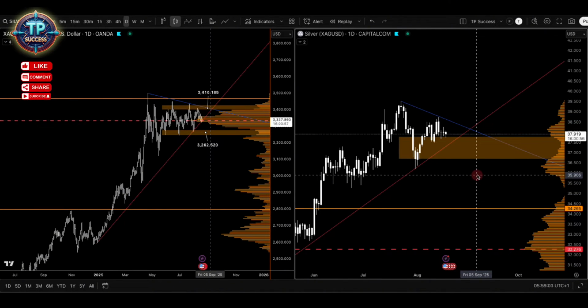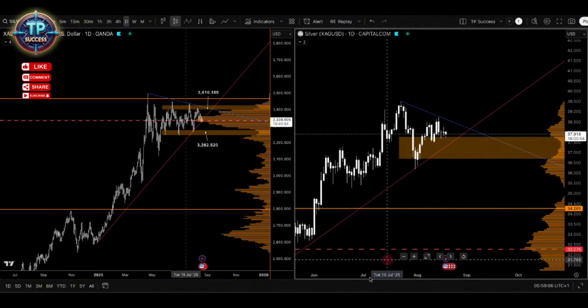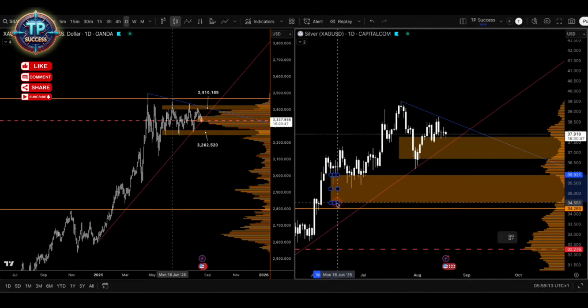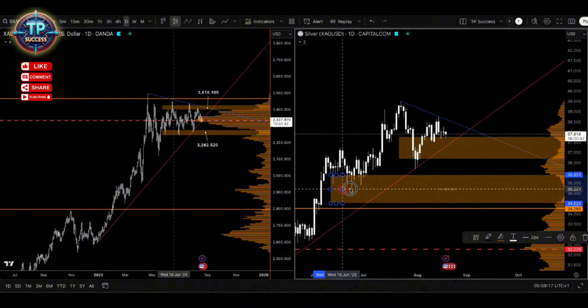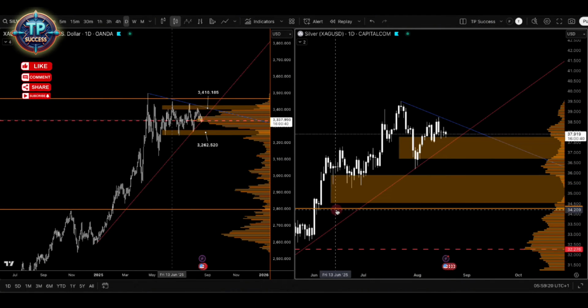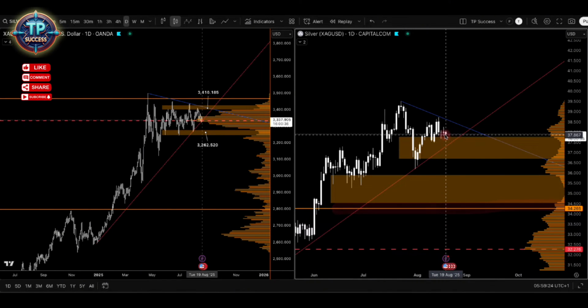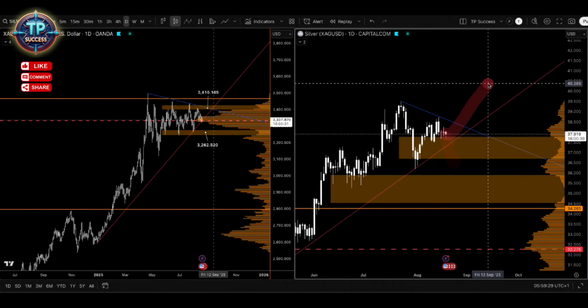Worst case scenario, we have another low volume node under here just before you get to the value area high boundary, which is this right here, right? So it could either come in here, it could either bounce from here, that's normal, based on all the data that we saw in regards to what the metal markets could do today.